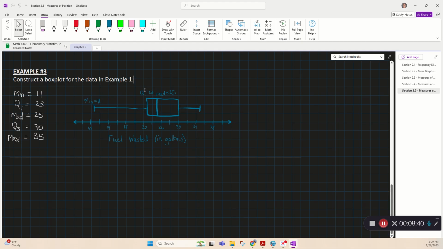It's making me aggravated. Q3 is 30. And then the max, 35. There we go. There is our box plot.